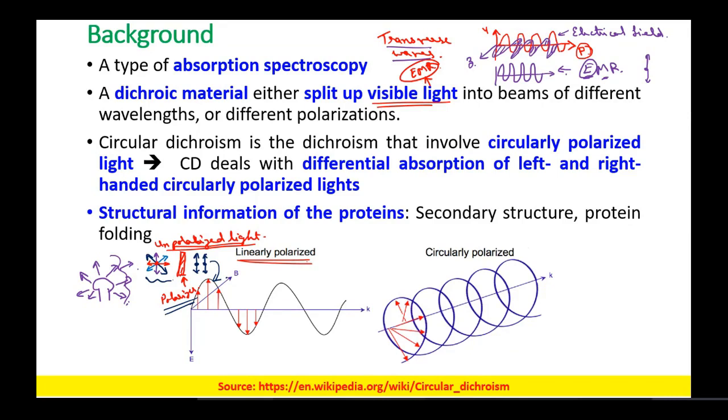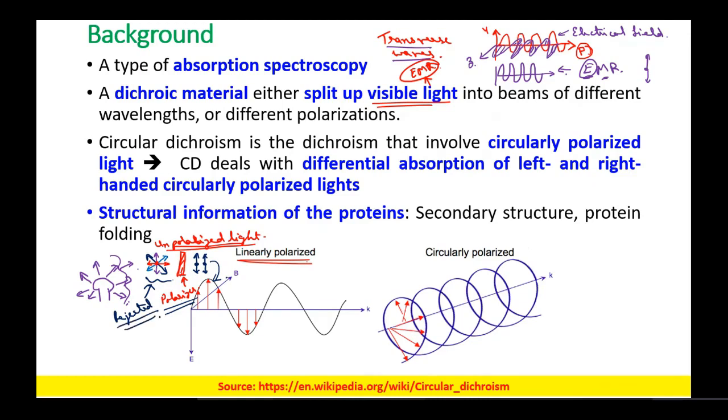Now from here, can you tell me the first difference between the UV visible spectroscopy and this CD spectroscopy? What should be the difference? The main difference would be, if you see, a majority of the light beams are being rejected.